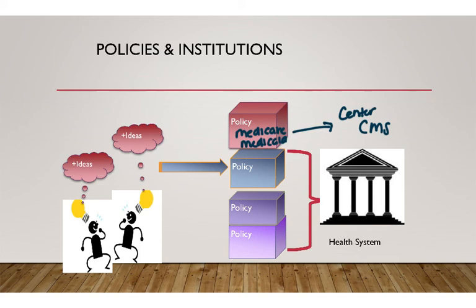It is policies that created this idea that veterans should be able to have access to health care, and that health care should be not only paid for but provided by the federal government, which then created the Veterans Health Administration.